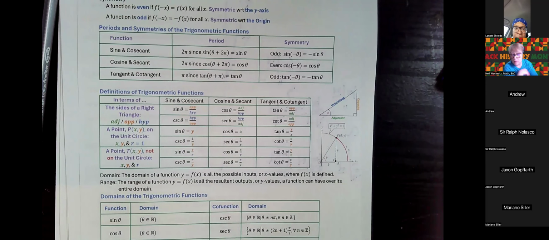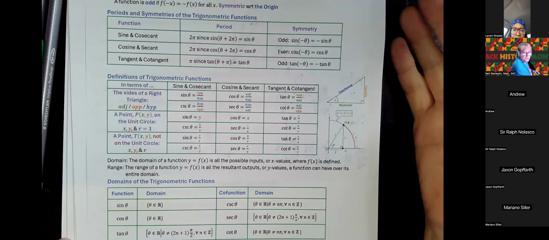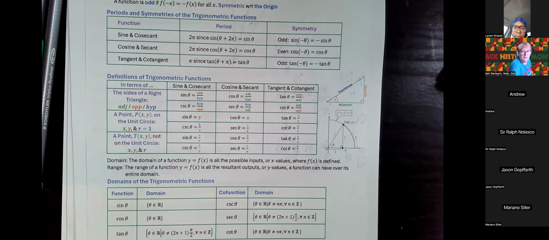Which property on this page, so we're looking at all of them, says that if you go 2 pi around in any direction, you're going to end up with the same trig functions? Periods and symmetries of trigonometric functions. That's right. That's exactly right.